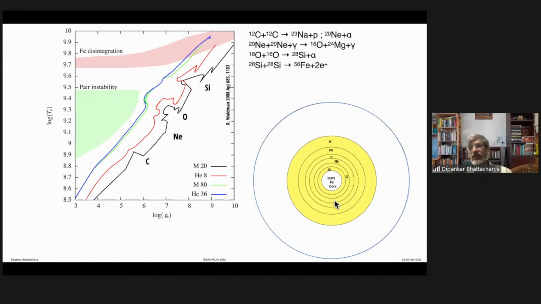So as this core collapse proceeds, material will now become more and more neutron rich. So as this neutronization is going on, electrons, which were primarily responsible for producing the degeneracy pressure, are all getting gobbled up.